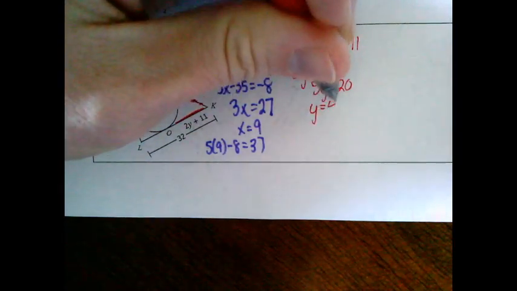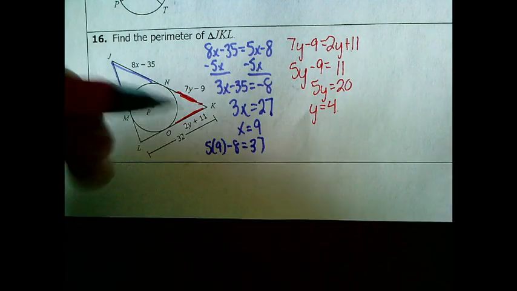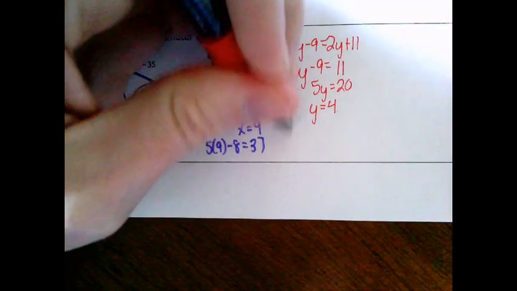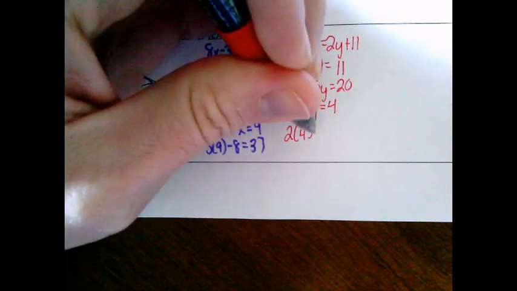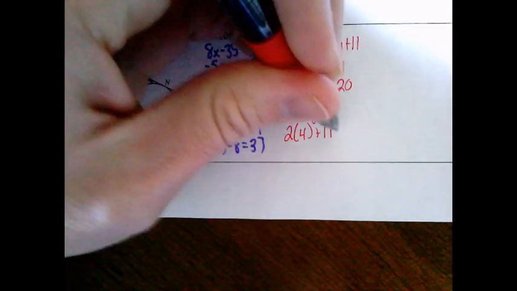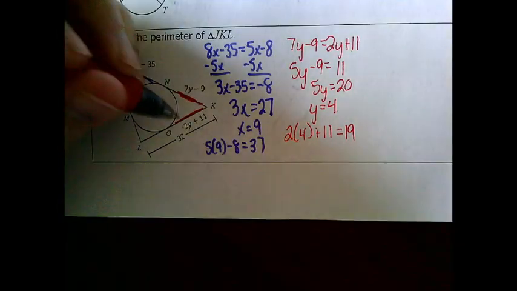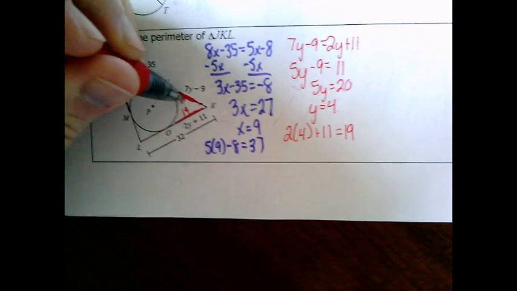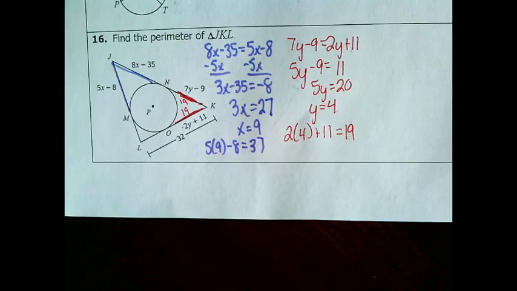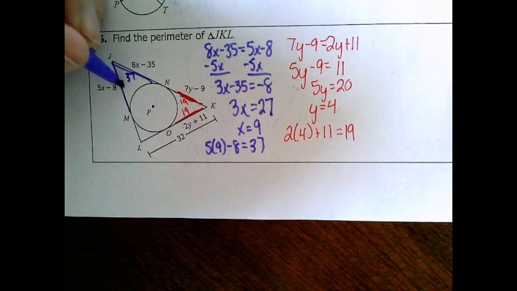So y is 4. But I don't want y. I want to know the length of that line. So I can plug it in. I'm going to plug it into this one. Looks easier. 2 times 4 plus 11. 2 times 4 is 8. 8 plus 11 is 19. So that means this is 19. This is 19. Go back. This is 37. This is 37.